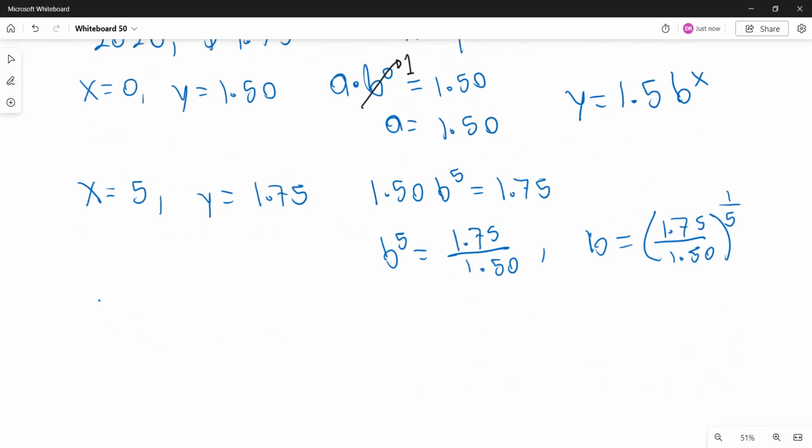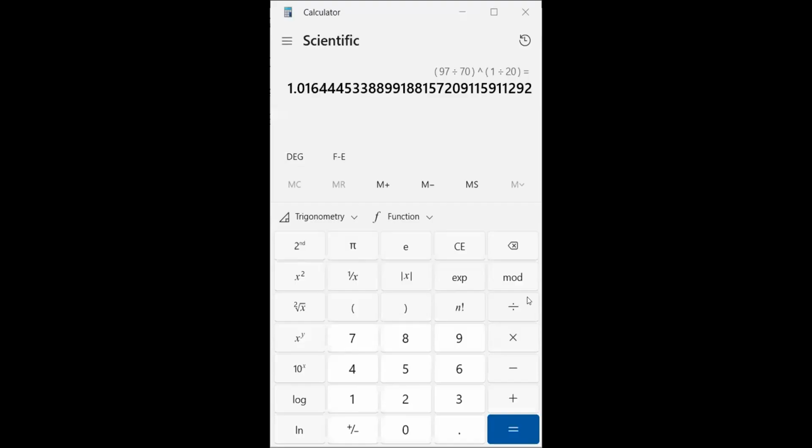Okay, so let's calculate that. This is 175 over 150 raised to the 1/5 power. So that's about 1.031. Or you can even say that the growth rate is about 3.1%.